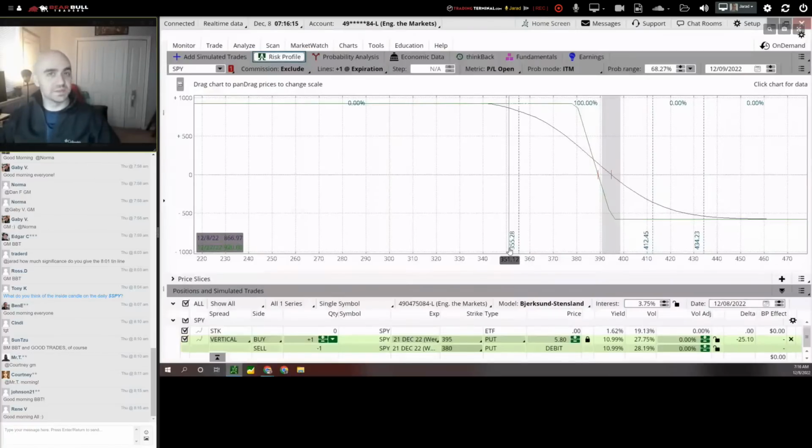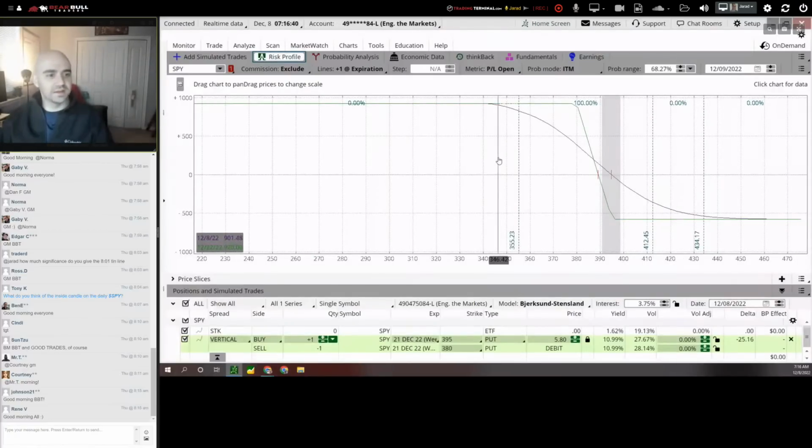This difference right now is $15, but you're paying, at least as of now, $5.80. So the most you can make is $9.20, and that's of course times 100. So $920 would be the max profit you can make on this spread.